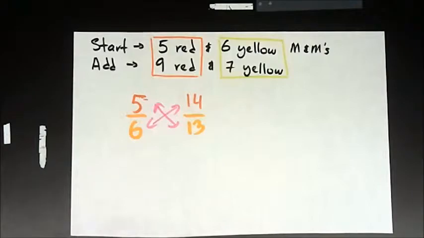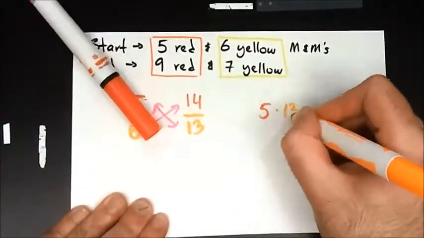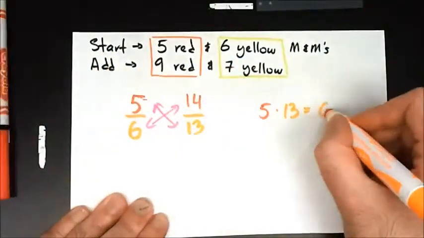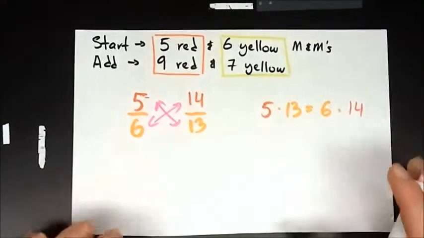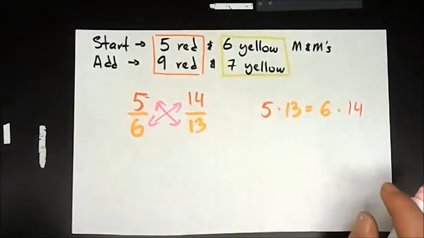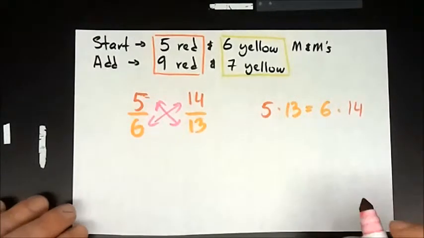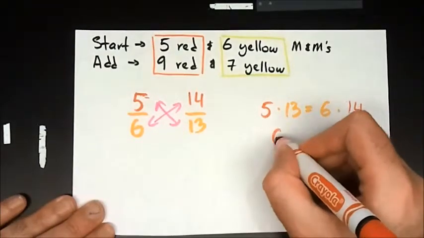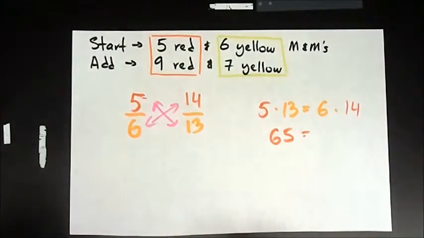So we have 5 times 13 equals 6 times 14. So what is 5 times 13 and what is 6 times 14? Well, 5 times 13 is 65. And 6 times 14 is 84.